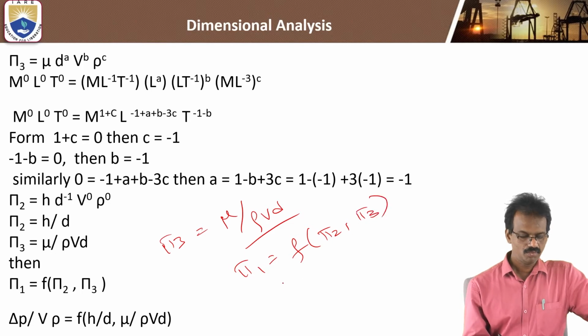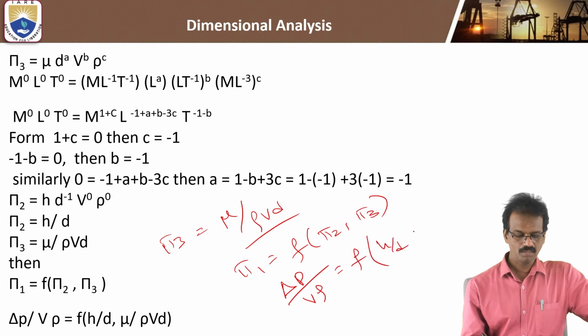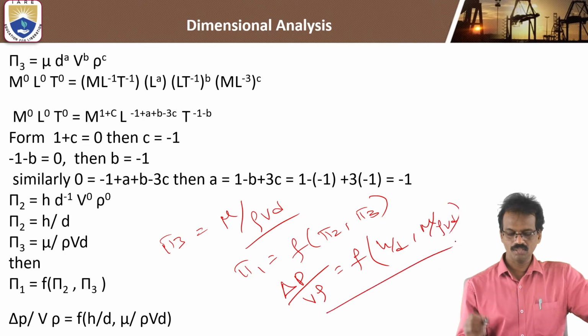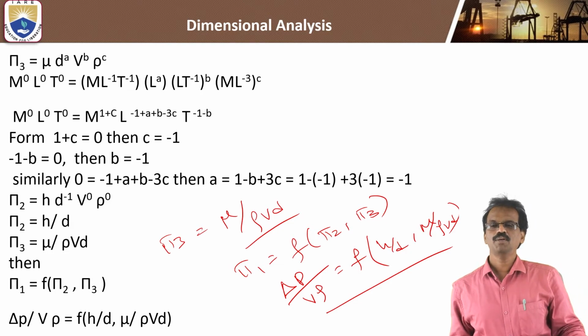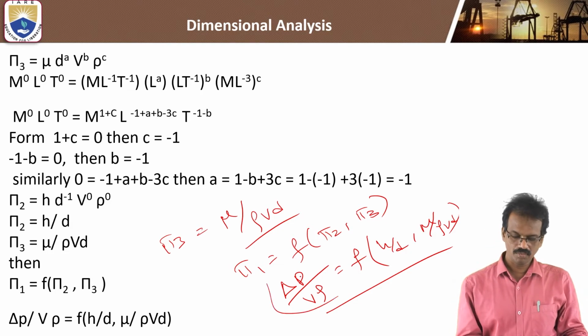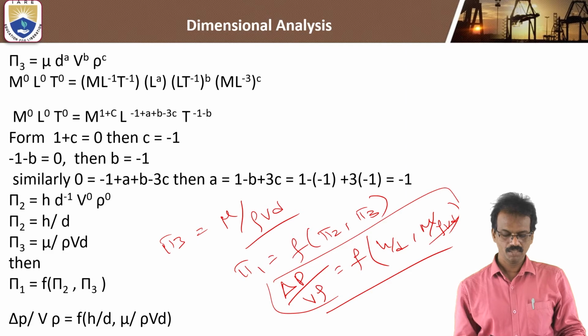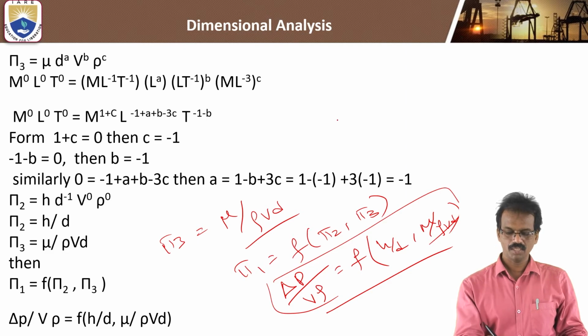This formula: pi 1 is equal to del p by v rho is equal to f of h by small d and mu by rho Vd. So this is the relationship. It means the given parameters are converted into this relationship, just like Nusselt number is a function of Reynolds number and Prandtl number.